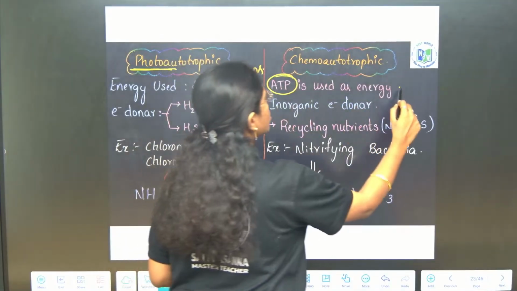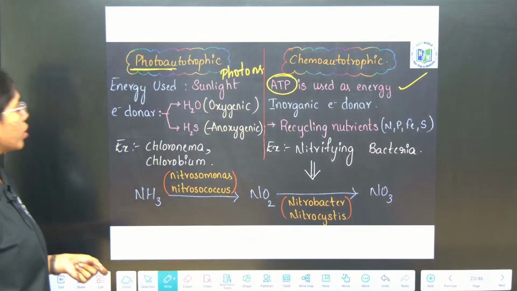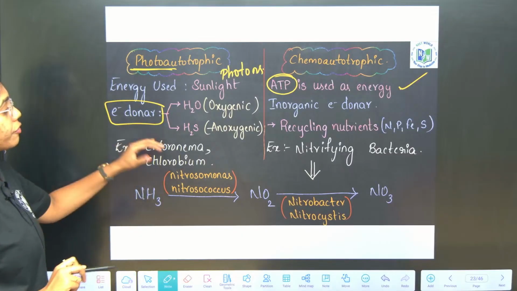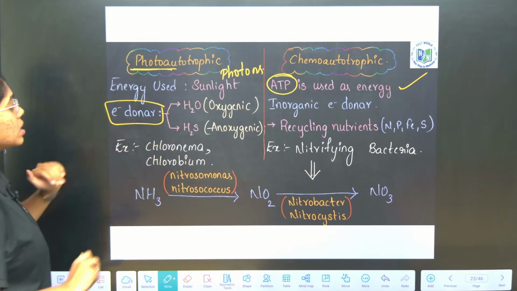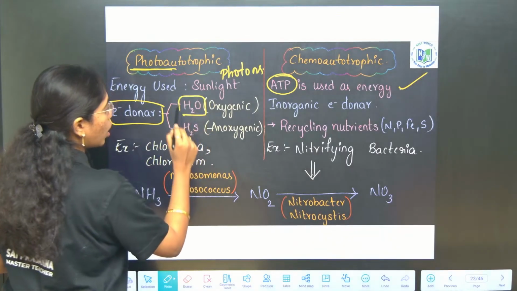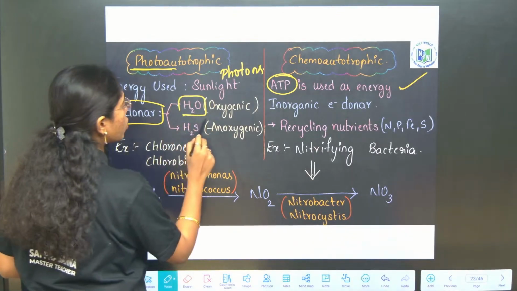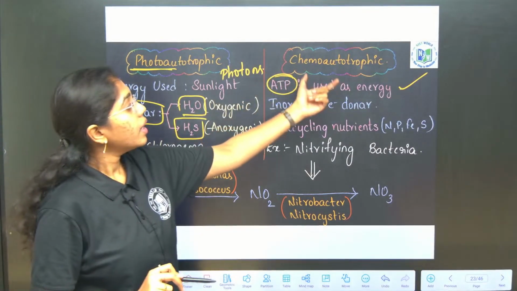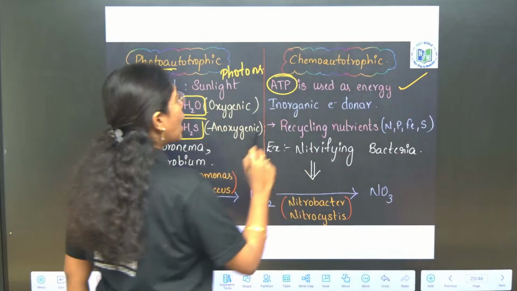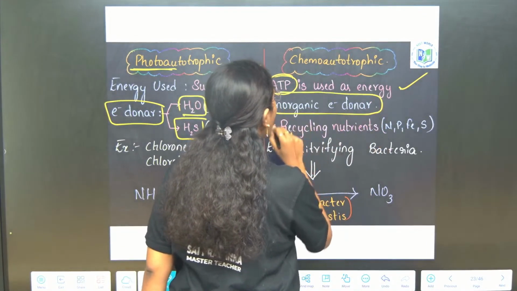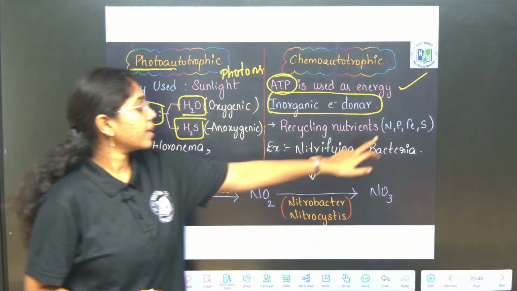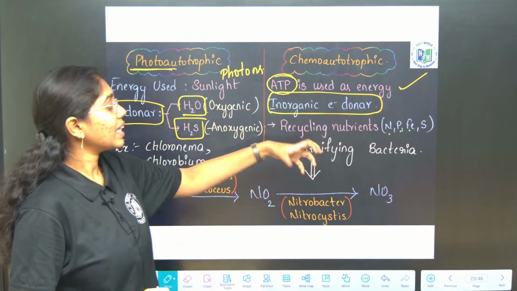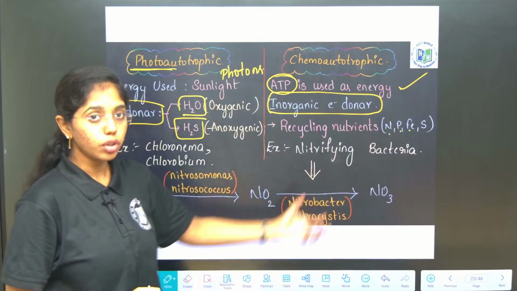ATP is the energy used in the chemoautotrophic mode of nutrition. In oxygenic photosynthesis, the electron donor is water. In anoxygenic photosynthesis, the electron donor is H2S. In the chemoautotrophic mode of nutrition, electron donors are always inorganic, like nitrogen, phosphorus, ferrous, sulfur or hydrogen.